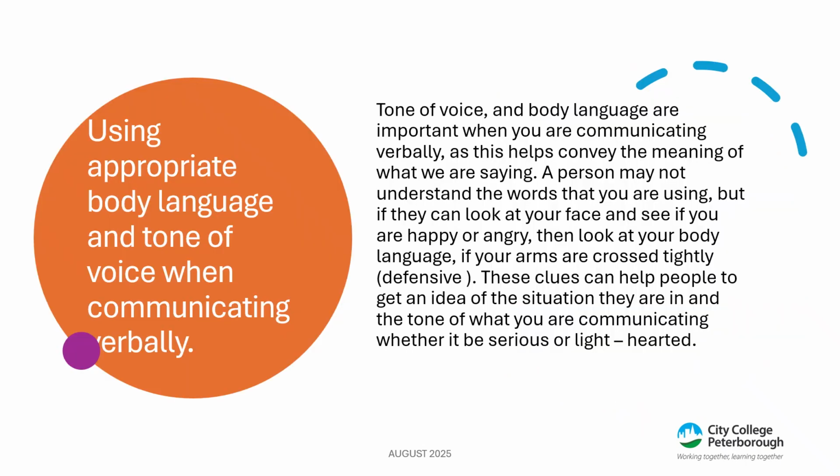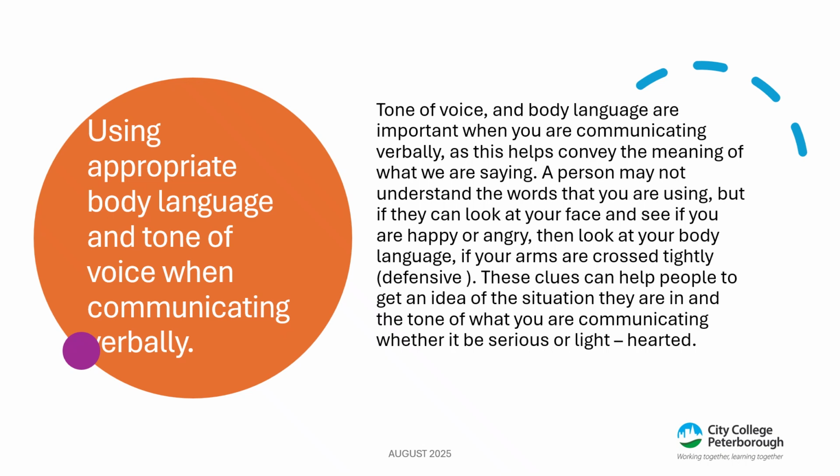So, when communicating verbally, what do you notice? How does the meaning of what you're saying get passed over? So, we look at tone of voice, we look at body language. A person may not always understand the words that you are saying, but you can look at them in the face and see if they are happy or angry.